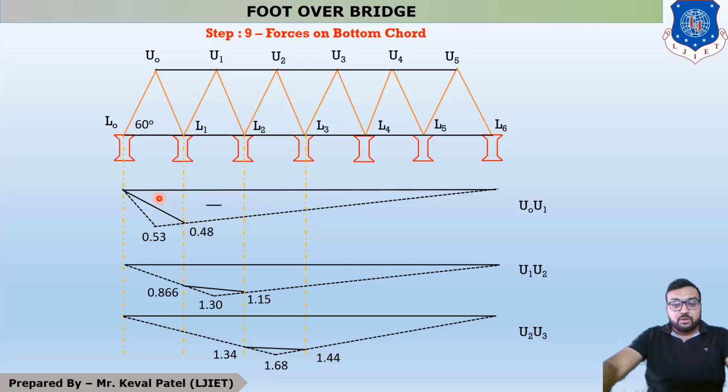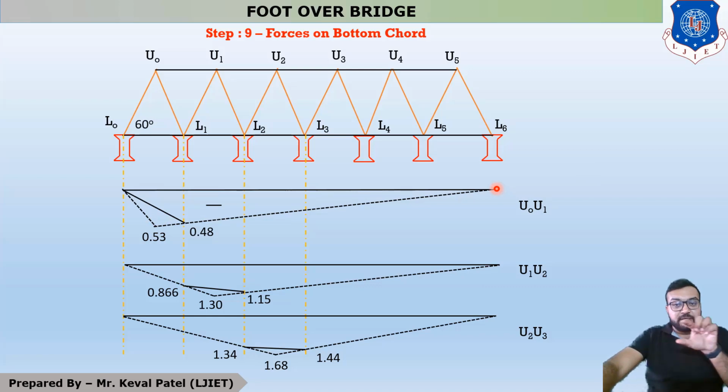For the value at L1, you have to refer to the right triangle, because you have to find the value of the right side member, with the help of trigonometry. At this point the distance is 0 and the value is 0.